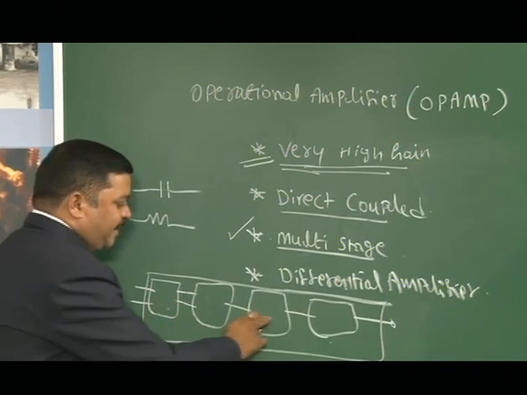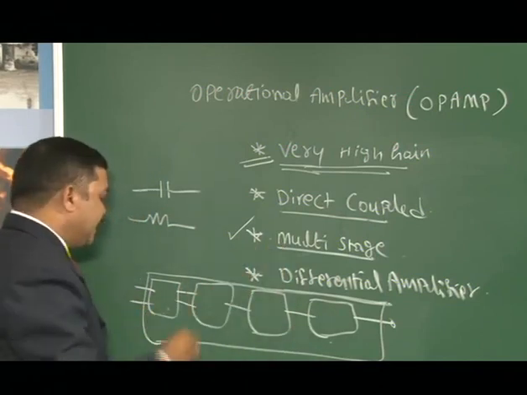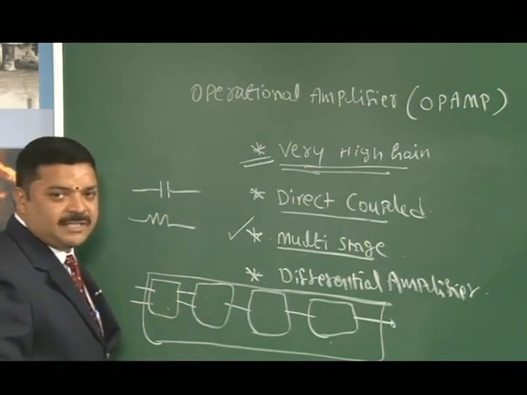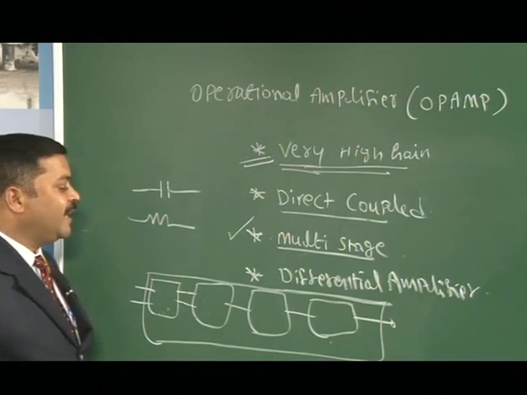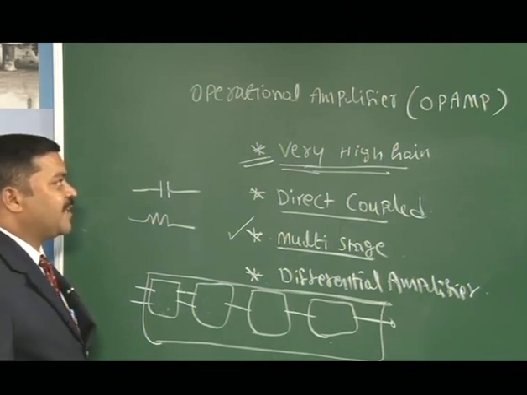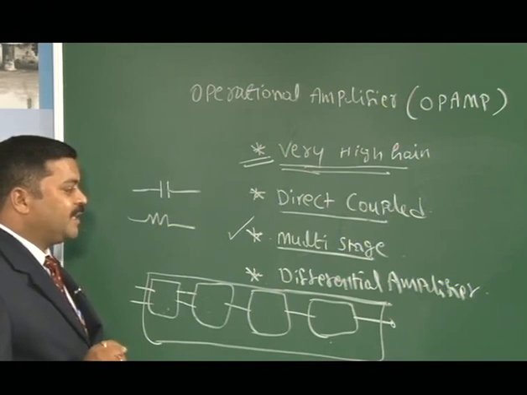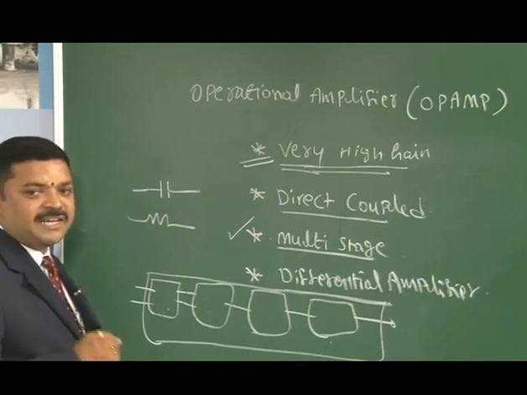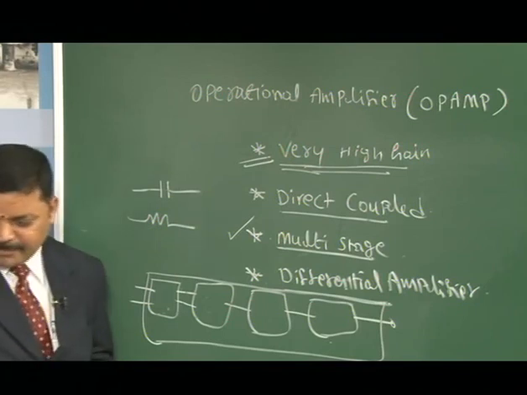Since there are so many stages, it is called multi-stage. And it is a differential amplifier, that's all. So, we can define the operational amplifier as a very high gain, direct coupled, multi-stage differential amplifier. This is the definition of an operational amplifier.